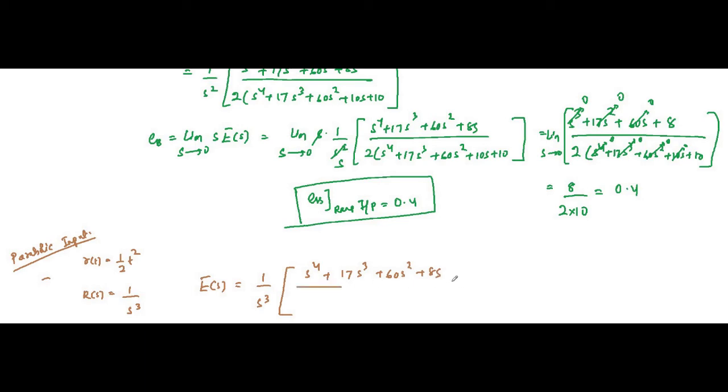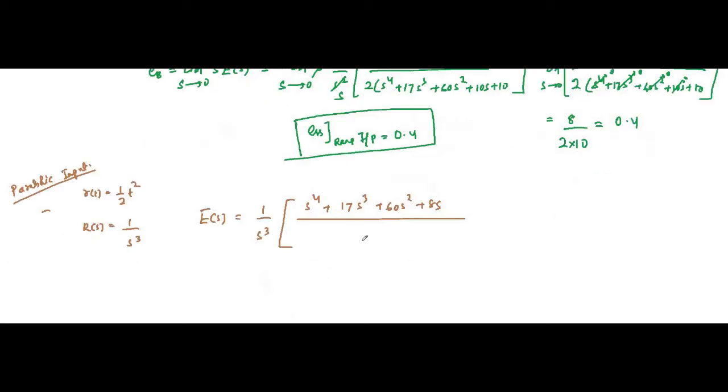These are lengthy expressions. Sometimes you get frustrated with writing the same thing and you make some mistake somewhere, and that will give you the wrong result. So always be careful. I know it's lengthy, but that's the way it is. Then steady state error, limit s tends to 0, sE(s).